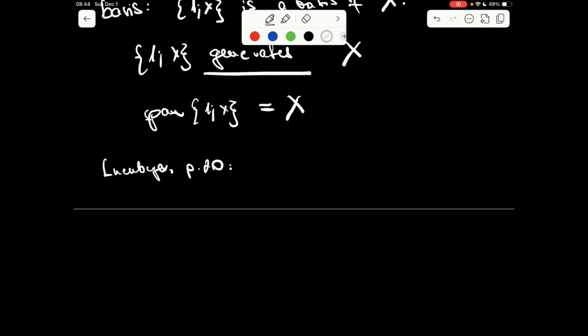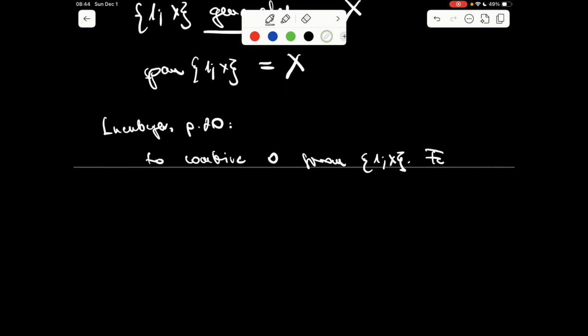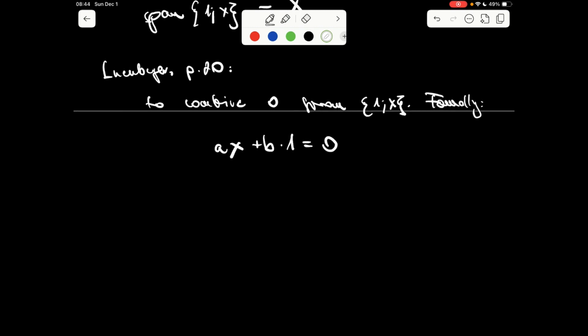Let's try to combine 0 from these two vectors. Formally, it means that we need to find A and B with the sum that gives 0.